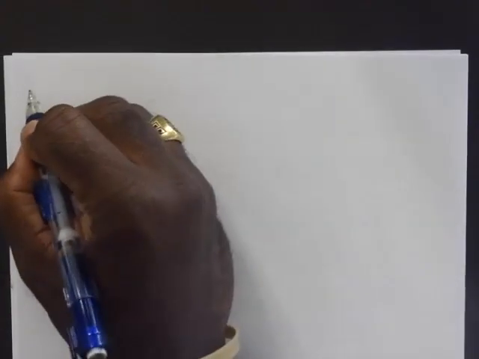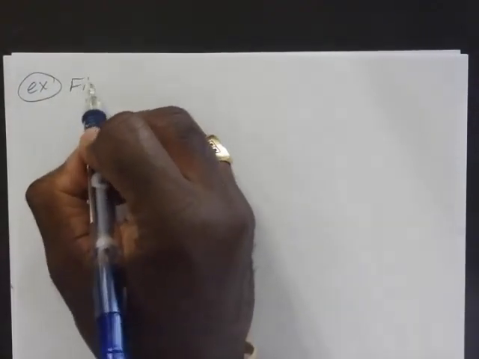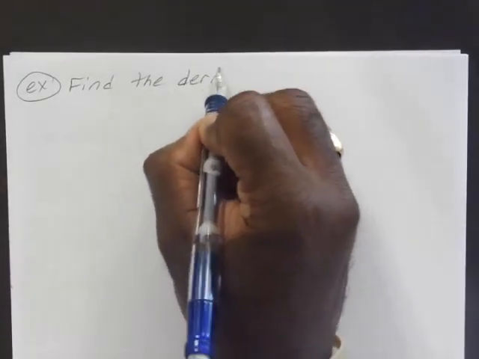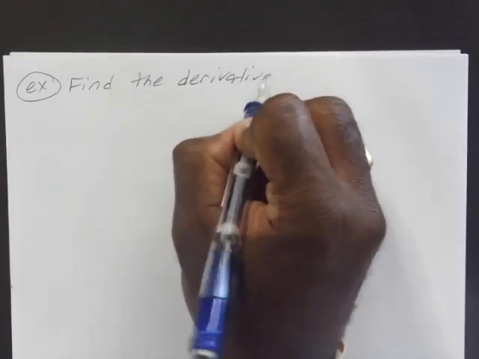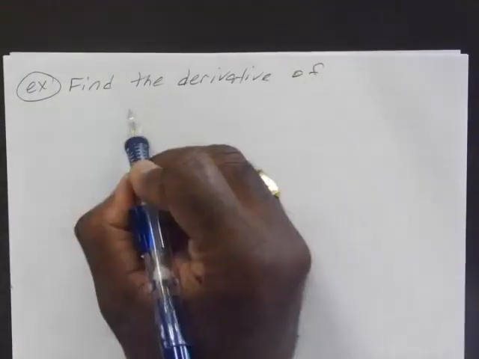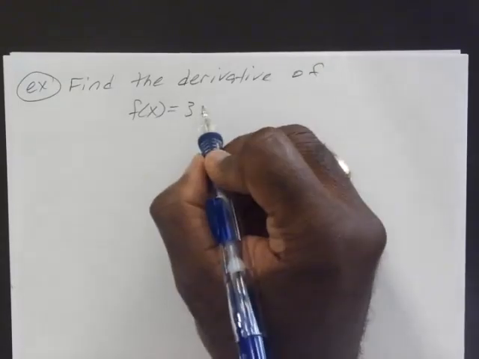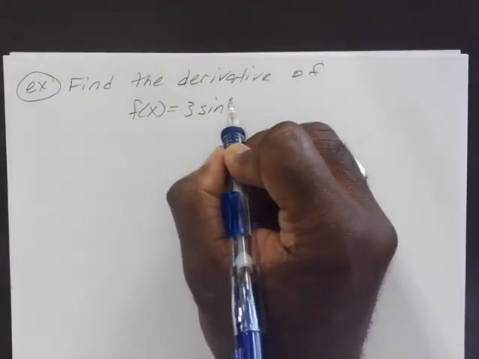Now the next one can be a little bit tricky. So what if we wanted to find the derivative of f of x is equal to 3 times sine of x to the fifth power?